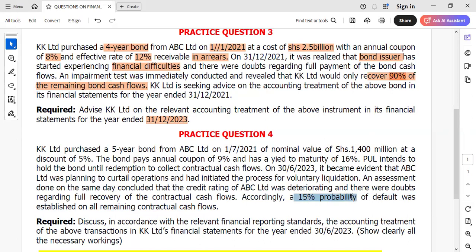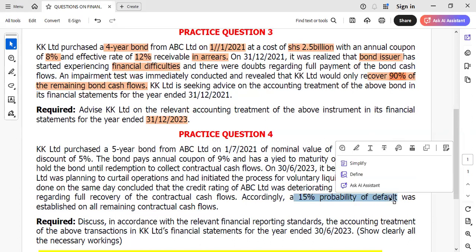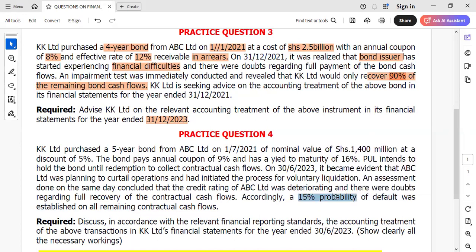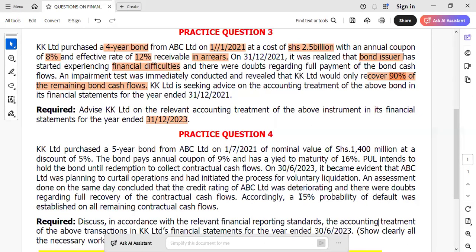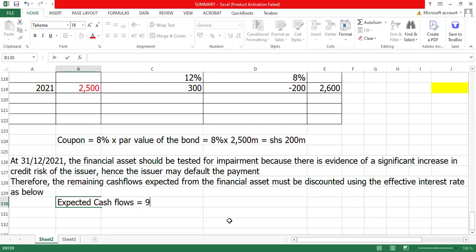But if they give you the probability of default, then you ask yourself how much you expect to recover. The percentage you expect to recover will be 100 minus 15. So here they have given you what you can actually recover, which is 90%.